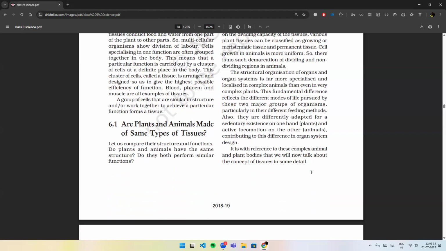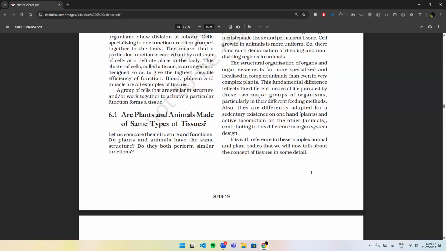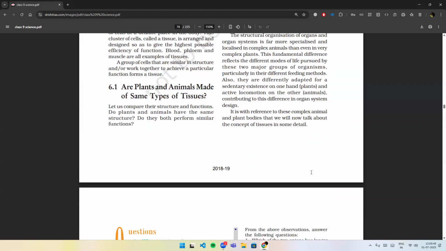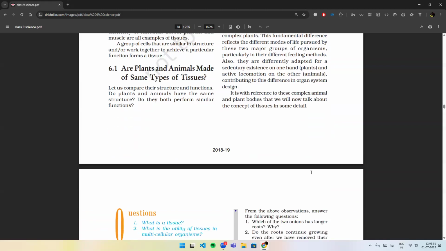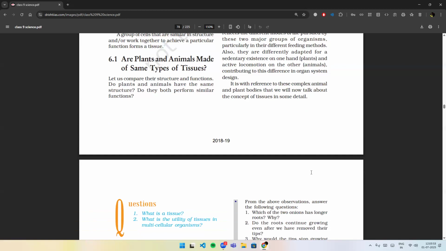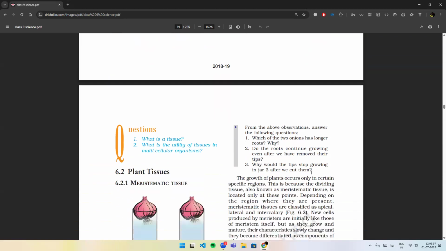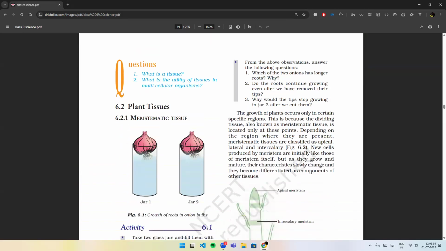Also, they are differently adapted for active locomotion on one hand, and sedentary existence on the other, which is found in plants, contributing to this difference in organ system design. It is with reference to these complex animal and plant bodies that we will now talk about the concept of tissues in some detail. Plant tissues: meristematic tissue.